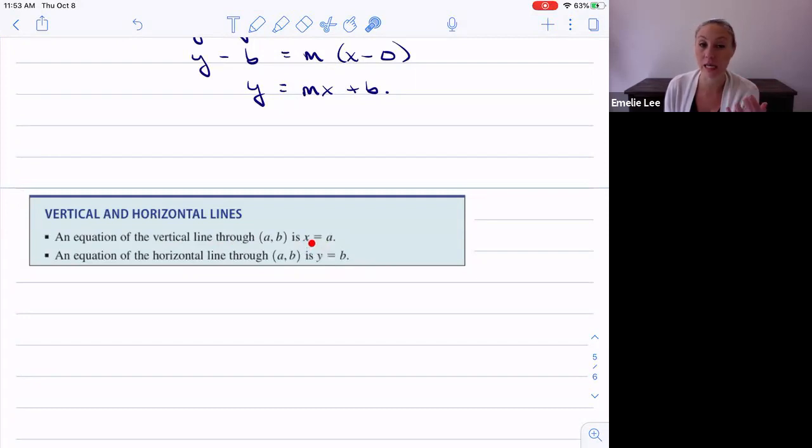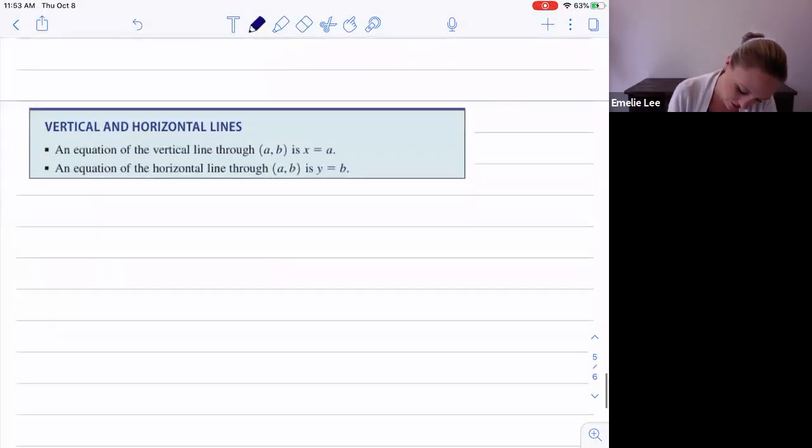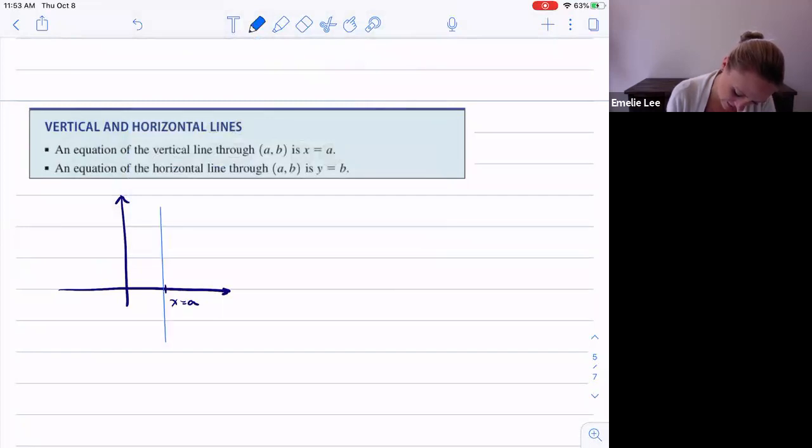So it actually doesn't care what y is because x will just always be a. And so if you have x equals a here, then the line, a vertical line, is just something like this.